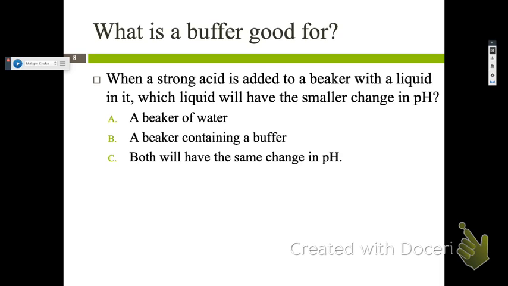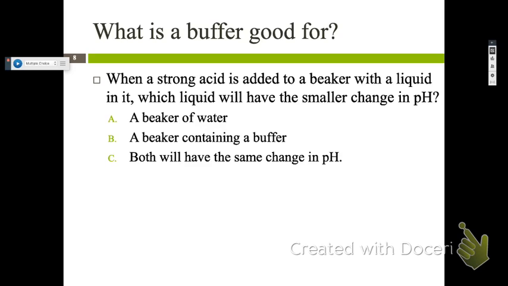If you're adding a strong acid to a beaker with a buffer, the strong acid is going to dissociate fully and react with the conjugate base, and an increase in the concentration of a weak base is going to change the pH less than the addition of a strong base or a strong acid.